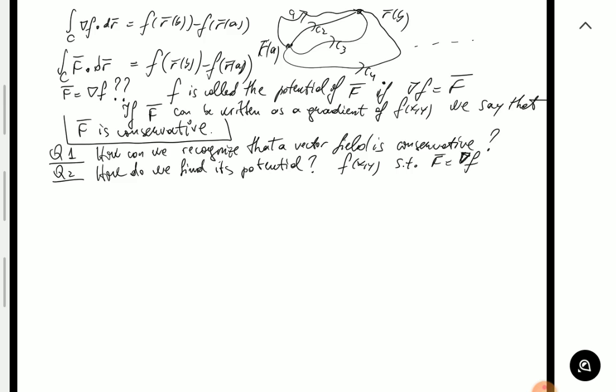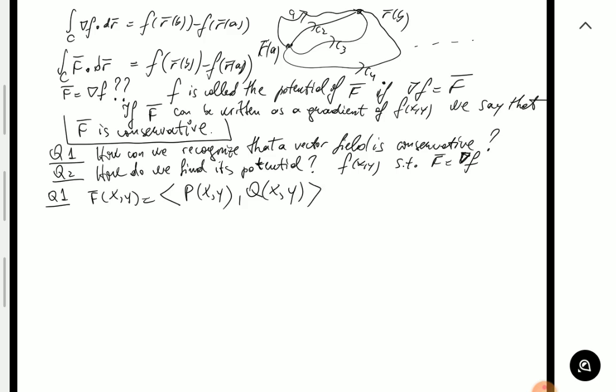We're not going to prove in detail the criteria for recognizing that a vector field is conservative, but intuitively, to address question one, suppose your vector field has the components, with this typical notation, P of x, y for the first component and Q of x, y for the second component.